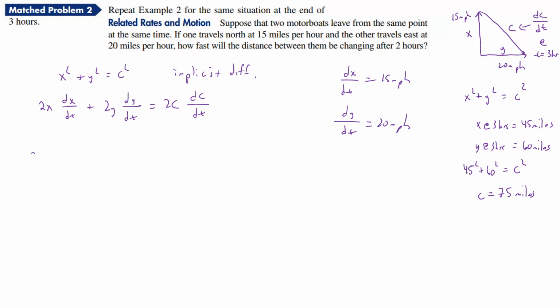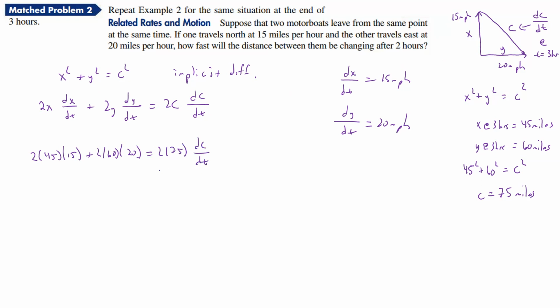So plugging everything in, we have 2 times 45 times 15 plus 2 times 60 times 20, and that's equal to 2 times 75 times dc dt.